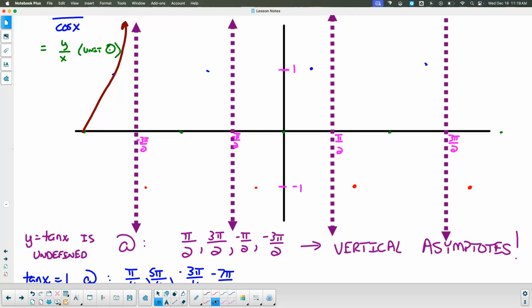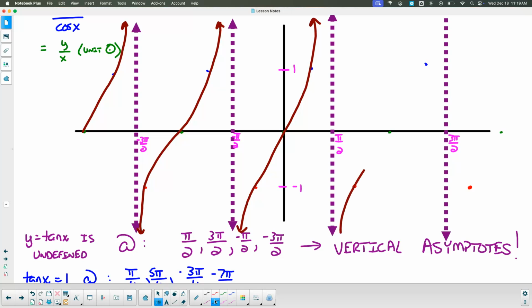And then it's going to jump over, and it's going to pick up here. And then it's going to jump over. And then it's going to jump over. And so on and so forth.